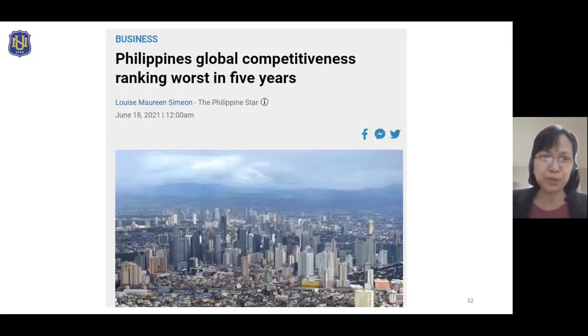Okay, allow me to share with you an article that appeared in the Philippine Star. June 18, 2021: the Philippines' Global Competitiveness Ranking worst in 5 years.